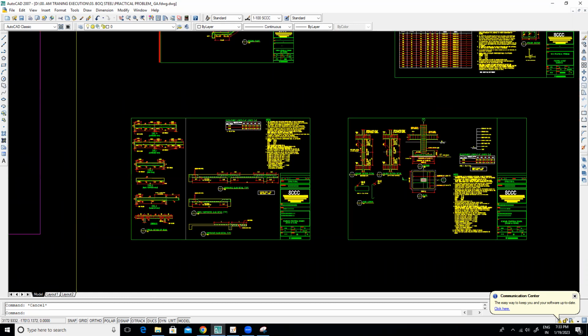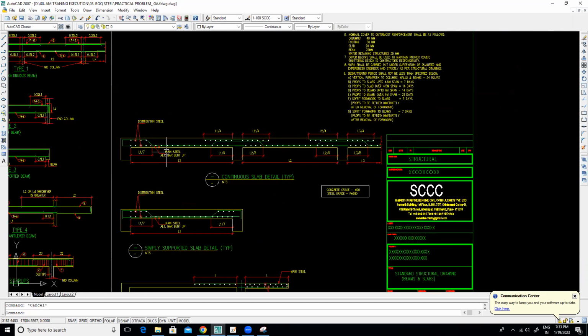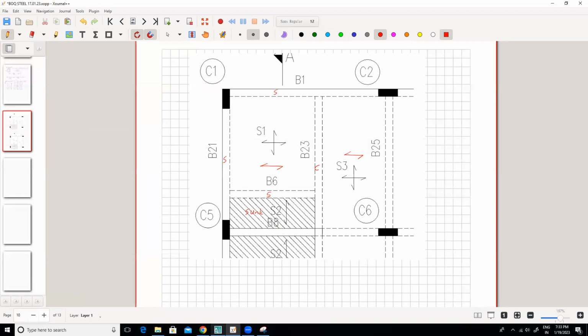As we know, we have one end simply supported and the other end continuous. So this is a continuous slab detail and this is a simply supported slab detail. So in this direction, if I use the section like this, in this direction, let's say section BB. Okay.